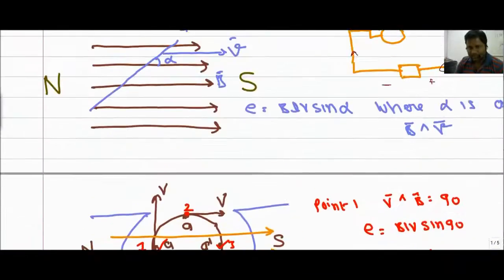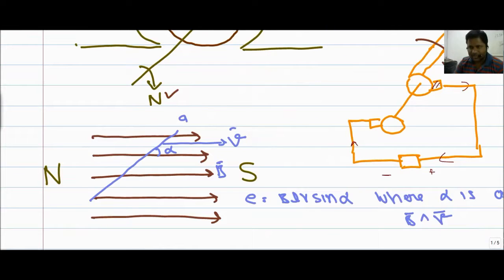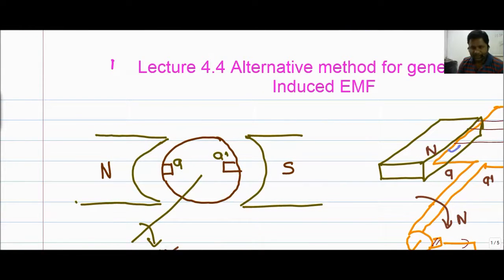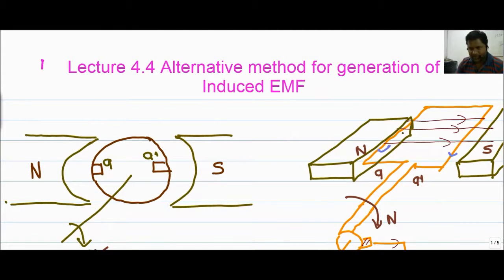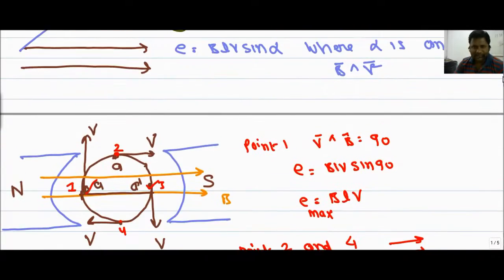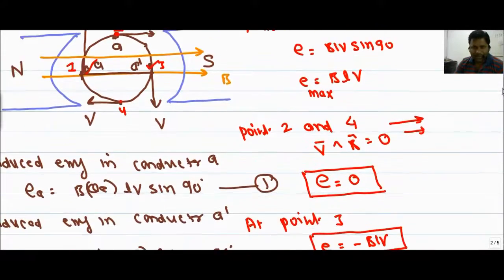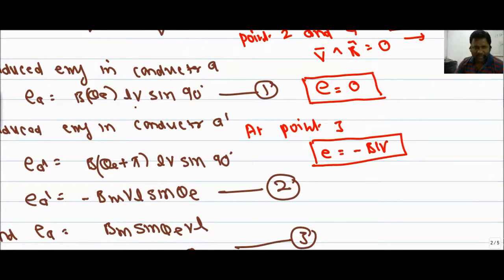Let's recall it. We have discussed that whenever the coil is placed in the rotating magnetic field, conductors A and A dash will experience an induced EMF. With the help of the relation E equals BLV sin alpha, we calculate this value BLV sin theta for conductor A and sin 90 for conductor B. But there is a change in the magnetic field because conductor A dash lies 180 degrees apart from conductor A, so we get theta plus pi.